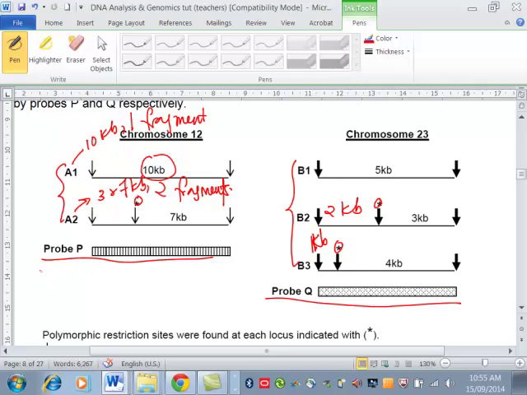So I want you to write: since the probe hybridizes to the entire allele sequence, all fragments of the allele will be visualized. You guys follow? Okay, good.